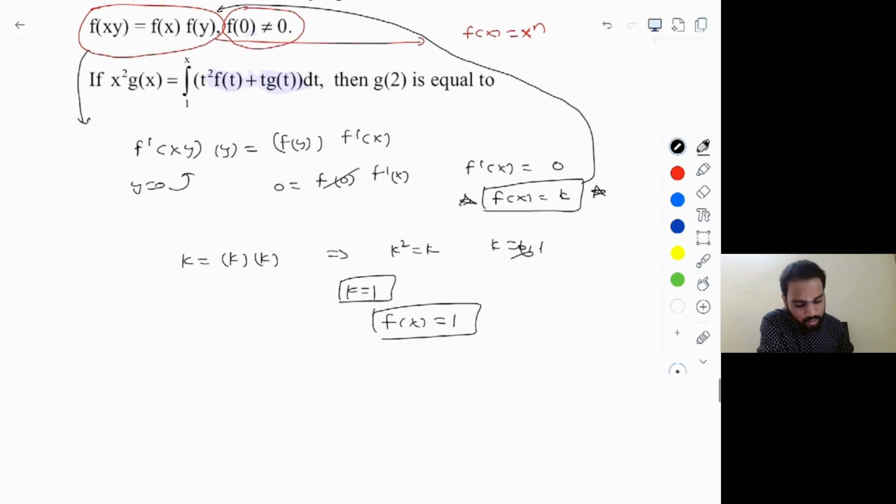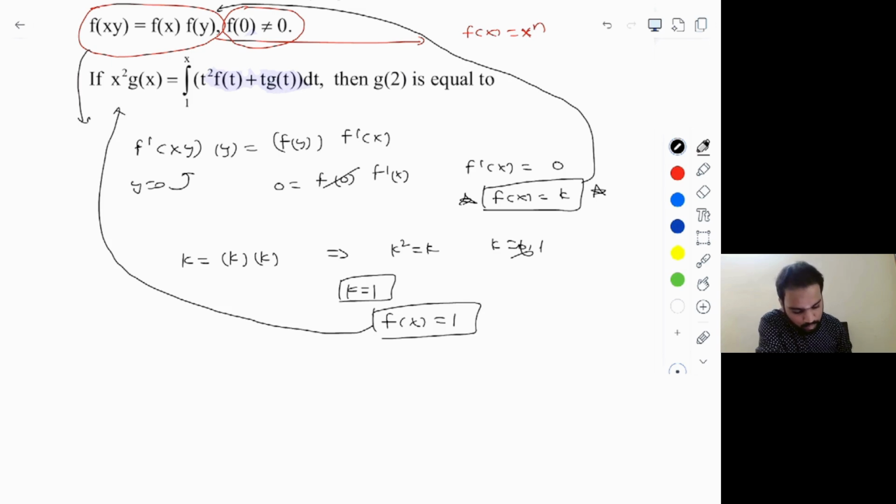Now you can take this function f of x and substitute in the given equation, that is x square into g of x equals the integral from 0 to 1 of t square into f of t, but f of t is 1 here, that's the advantage, plus t into g of t, dt.